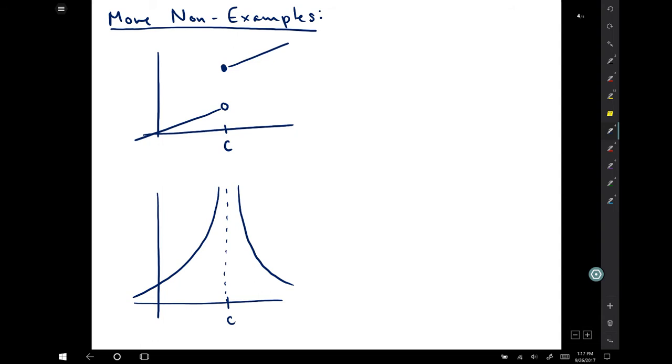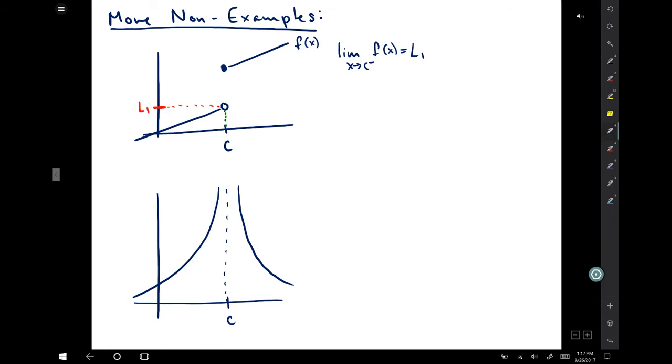So in the top picture, if I have my function f of x graph, that looks like a piecewise defined function. And what we see here is that the limit from the left, as x approaches c from below of f of x, is equal to some value L1, where here, if I go here and I map over, I end up with some value L1.